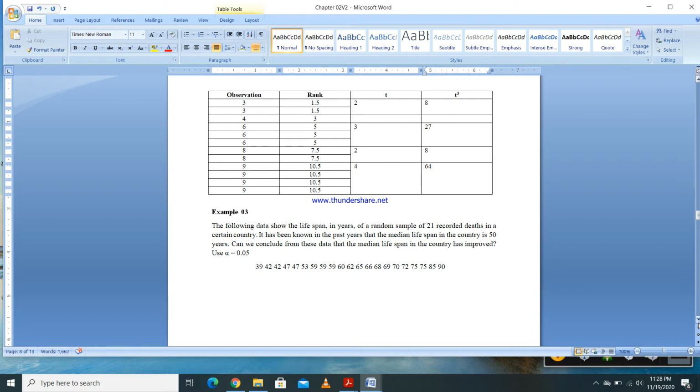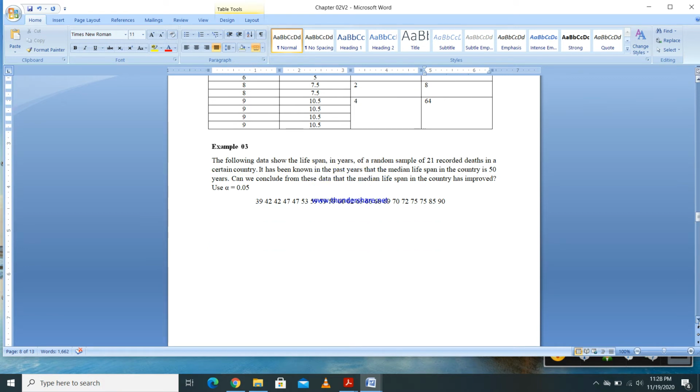Now in this case you have more than 15 observations, so you can go for the large sample approximation. Here they have given us certain values of lifespan in a country, and they say the median lifespan is equal to 50. So we have to check whether that is equal to 50 or that has changed by now.